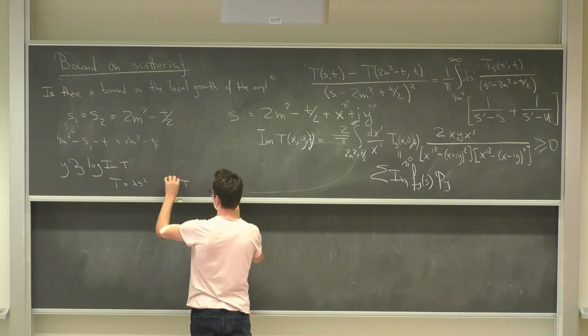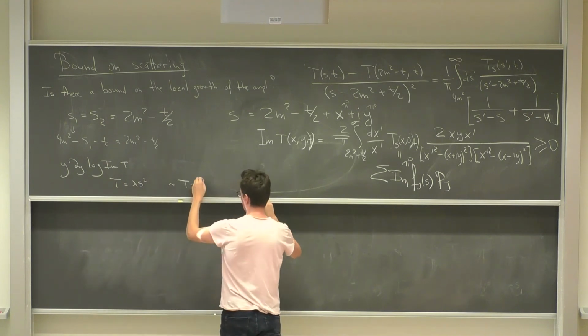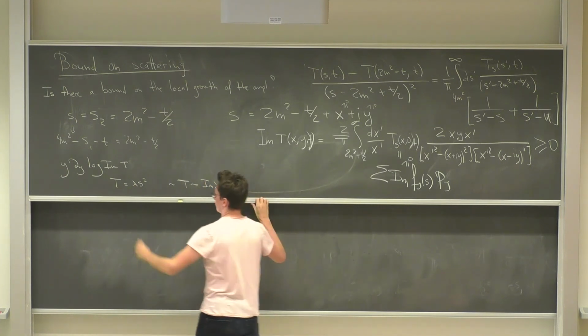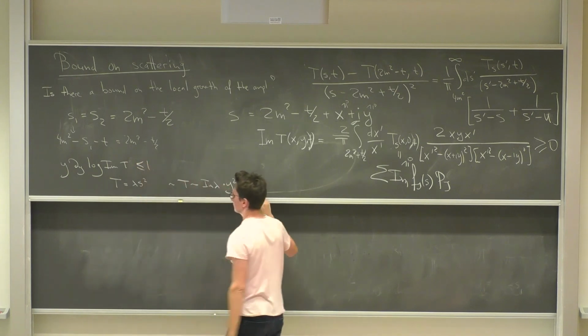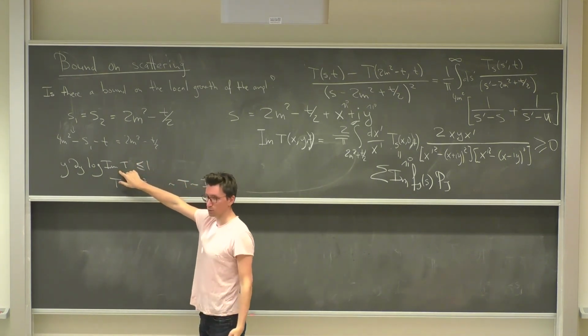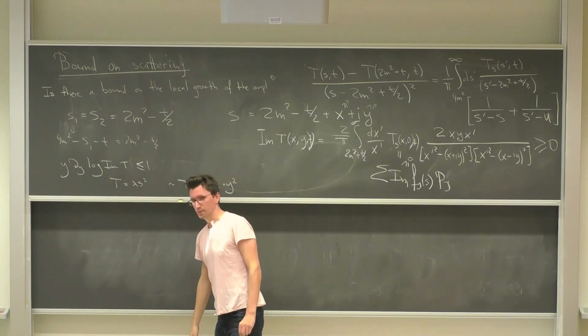Then if I take, say, Y larger than X, locally T behaves like this. And we derive the bound that this is less than 1. So if you plug now Y squared into this formula, you get on the left-hand side 2, and 2 is larger than 1. So that's the problem.